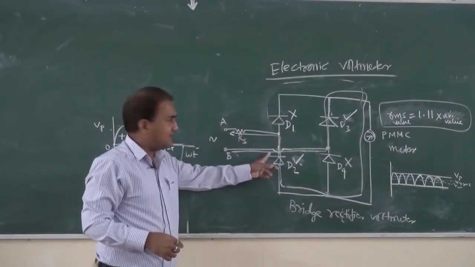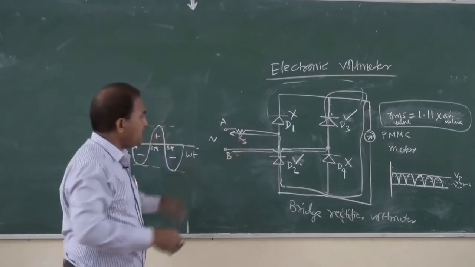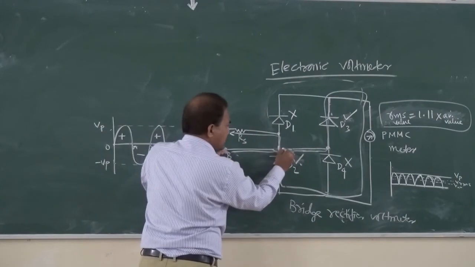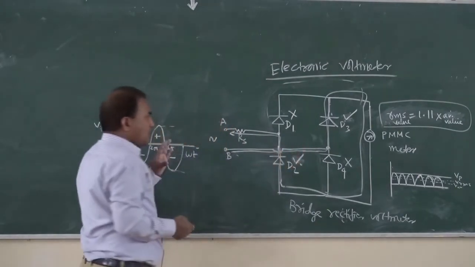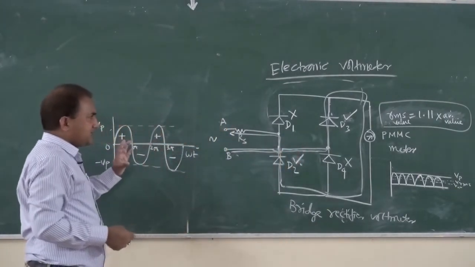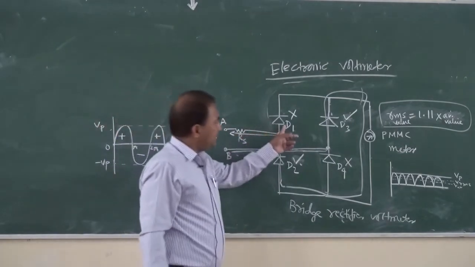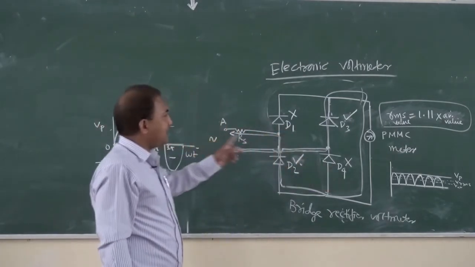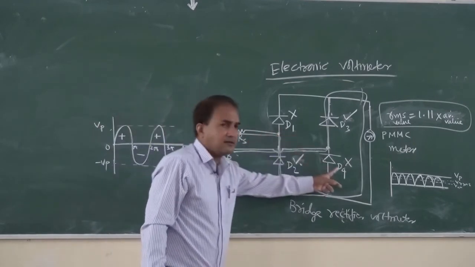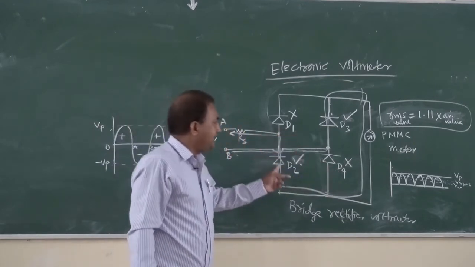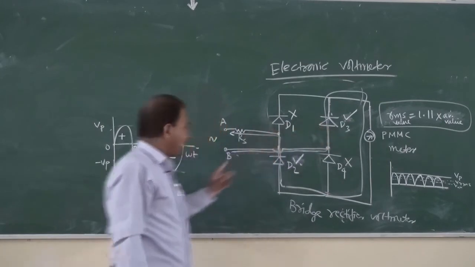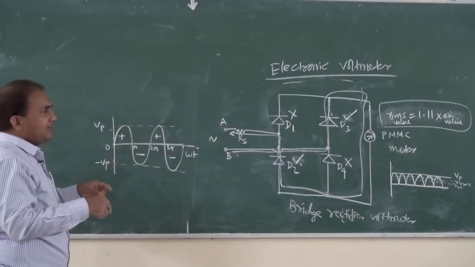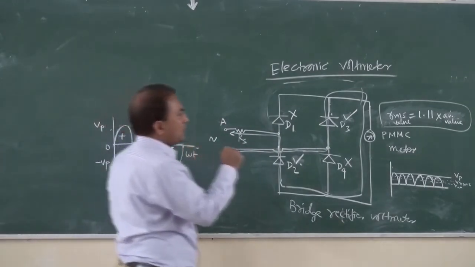This is the direction. So we can see that during the positive half cycle, diodes D1 and D4 conduct. During the negative half cycle, D1 and D4 do not conduct, whereas D2 and D3 conduct. In this way the circuit works.